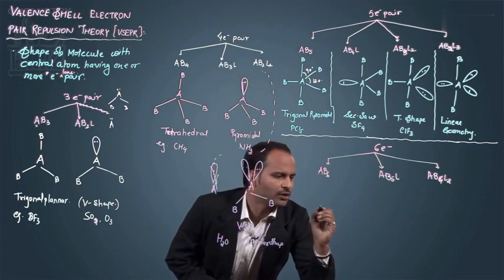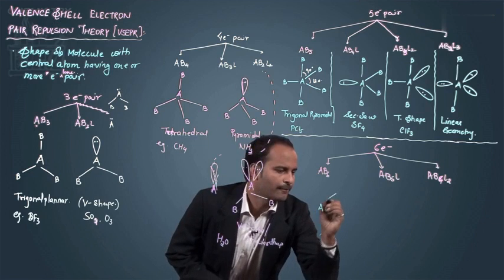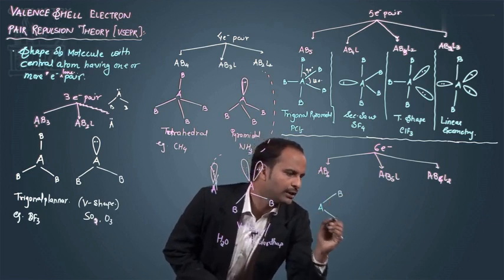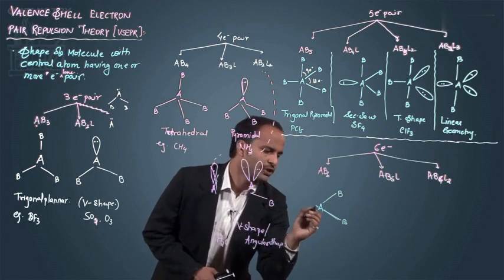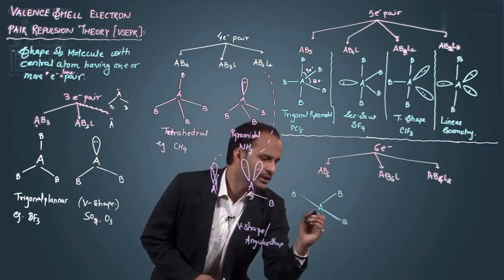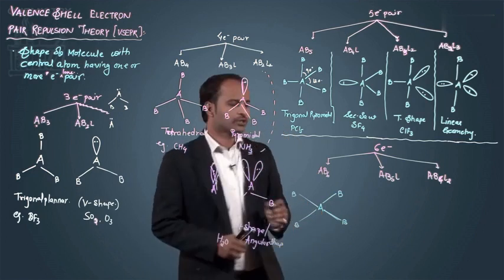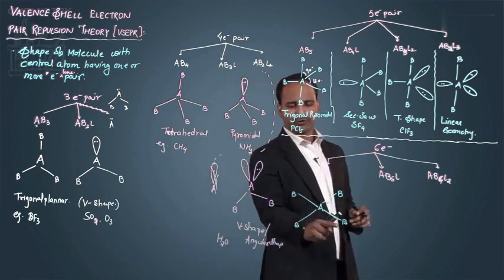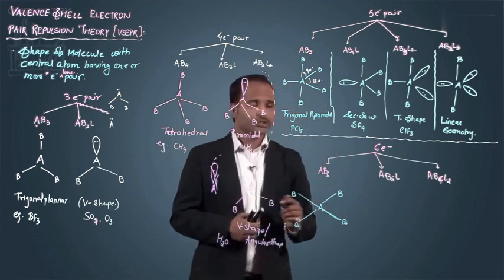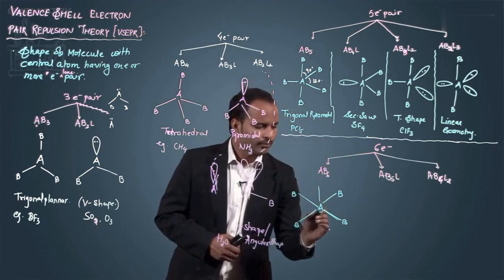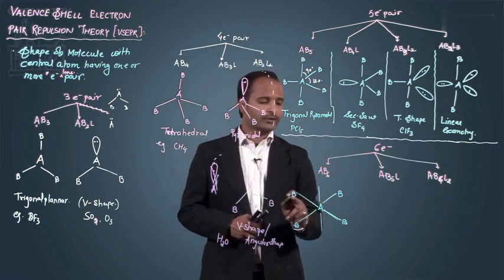A is at the center, all are bond pairs, one B atom here, one B atom here, the next B atom is here and the next B atom is here. So these four bond pairs are in the same plane, that is, they are equatorial again, and there are two bonds perpendicular to this plane.